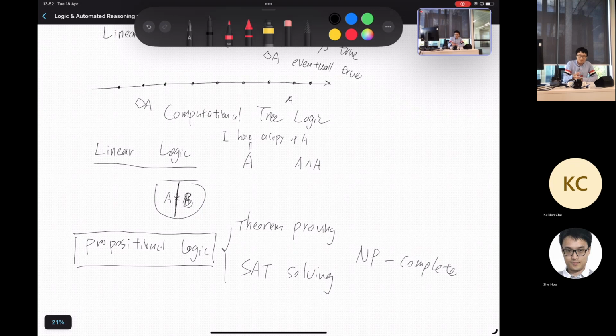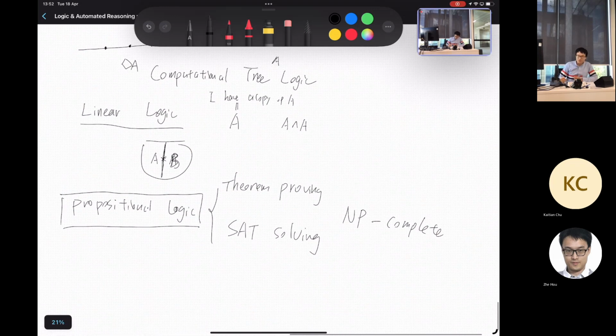It's called non-deterministic polynomial. And in algorithms and complexity theory, there's a boundary between what's called tractable and intractable. So basically, we look at that from a complexity theory point of view.